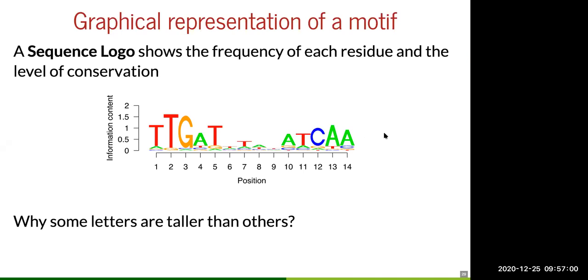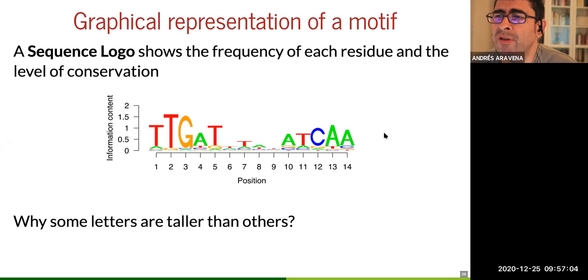So bigger letters represent conservative regions. Exactly, the more conservative. You have to be careful with the word conservative, but your intuition is correct. Conservative normally is used in the sense of evolution. Here we are not speaking about evolution. We are speaking about different sequences in the same genome.